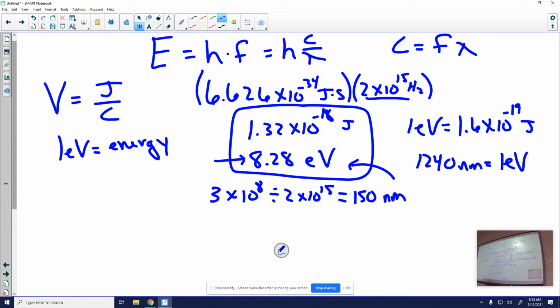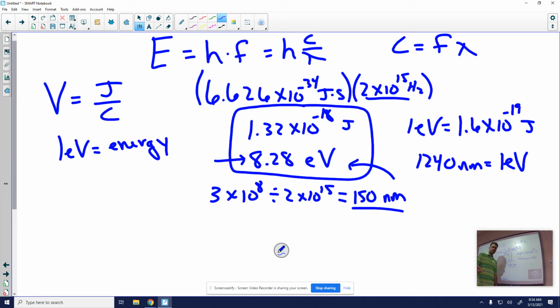So 1240 nanometers would be the photon's wavelength when it's 1 electron volt. If you're shorter, this one here is 8 times shorter than that, you're going to have 8 electron volts. Right? If you are half of 1240, like let's say 620, that's half of 1240, you'll have 2 electron volts.